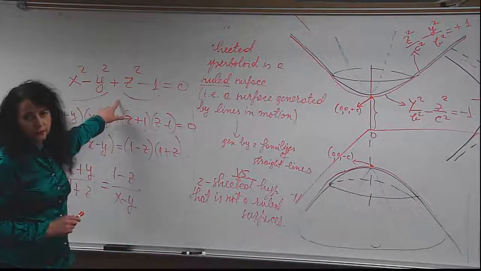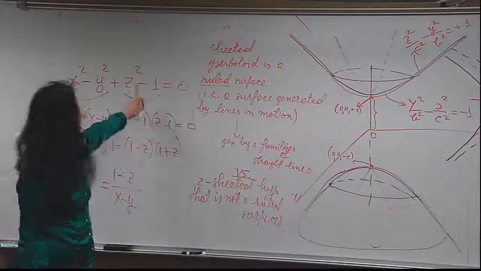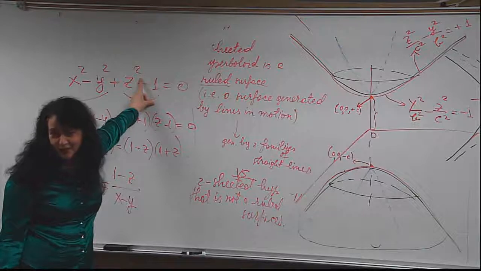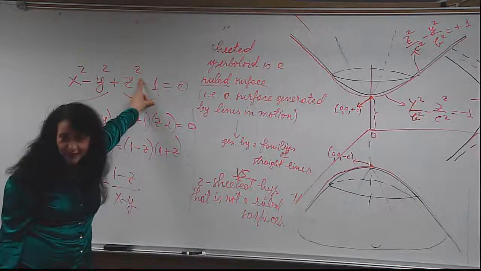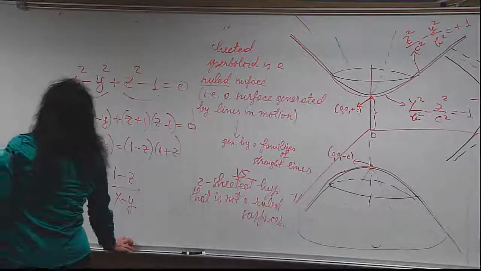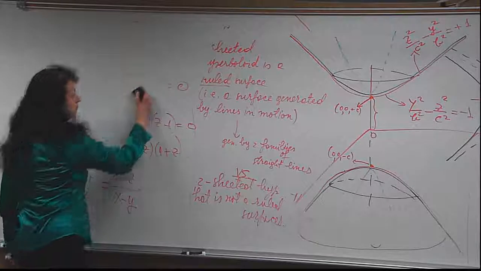You cannot do that for the two-sheeted hyperboloid because you cannot factor z squared plus 1 in real numbers. It's bye-bye. Okay. Now, coming back to other surfaces that are important to us.